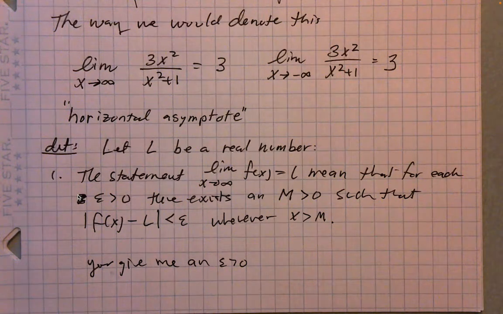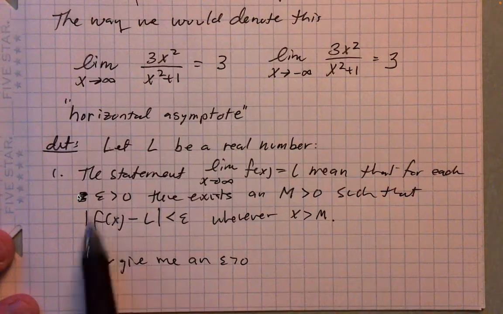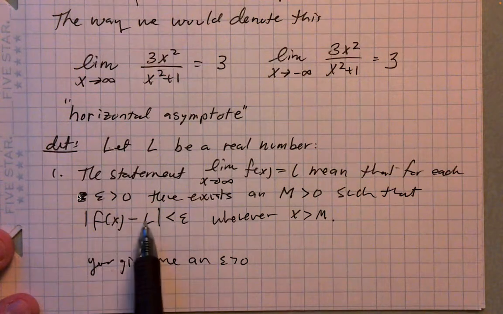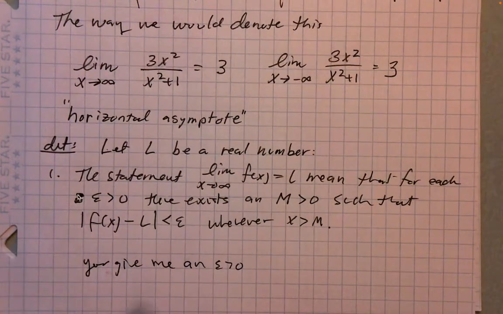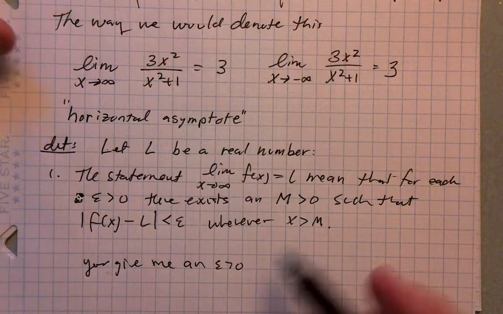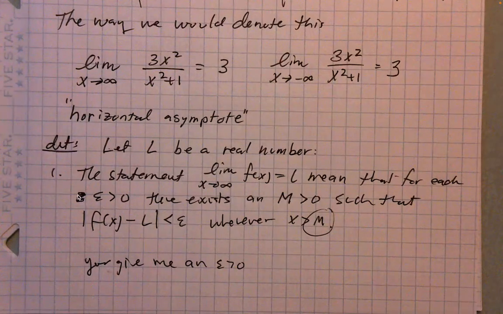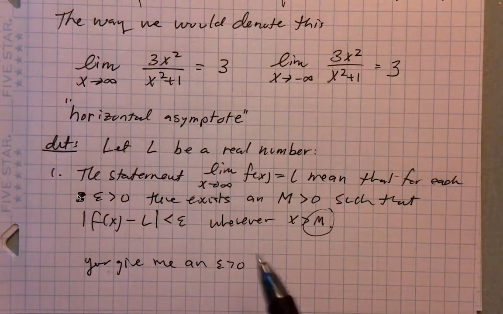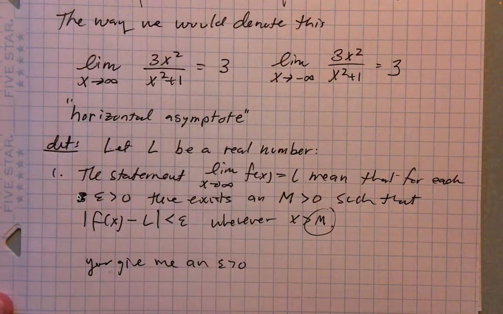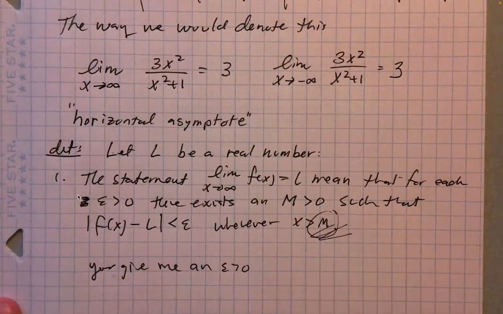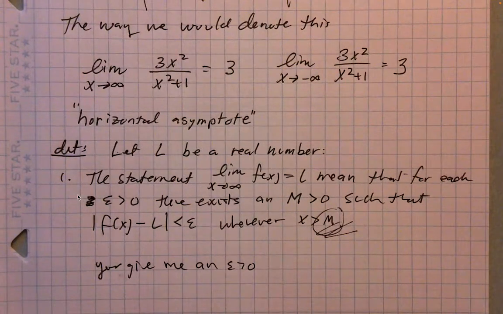But it's a positive quantity, and you say, hey, I want to know how far out I have to go before the value of the function is within epsilon of whatever the limit value is. And if L is the limit of the function, then I should be able to find some integer m such that the function is indeed within epsilon of L for any x larger than m.